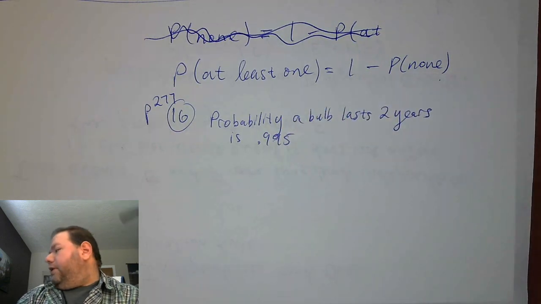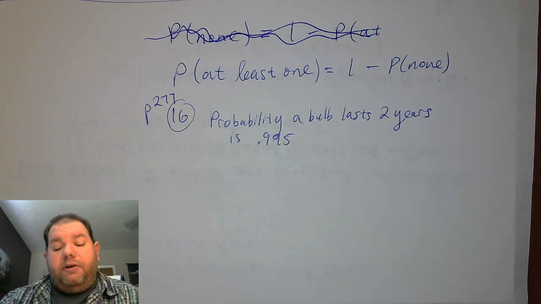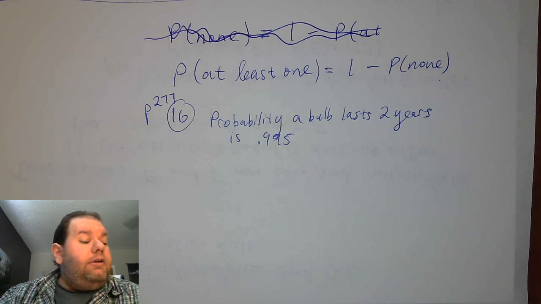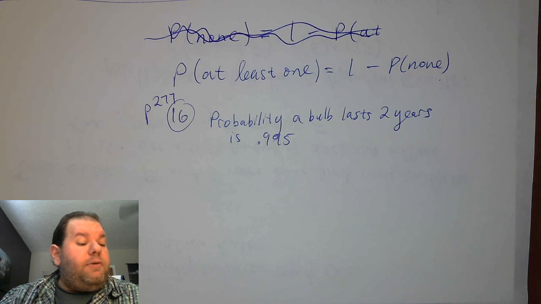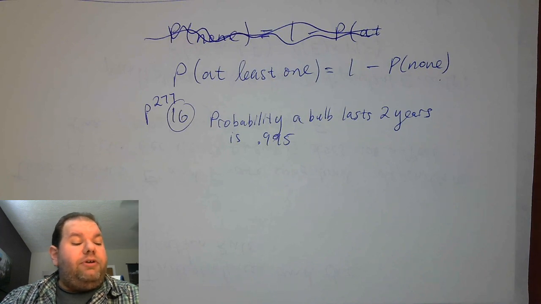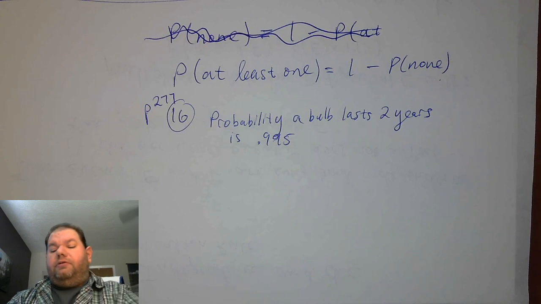Okay, so 0.995, probability one bulb lasts 2 years. The success or failure of a bulb is independent of the success or failure of the other bulbs. So, A, what is the probability in a string of 100 lights, all 100 will last 2 years?